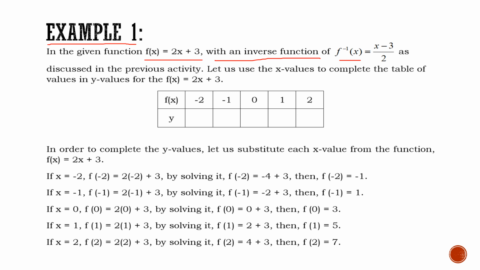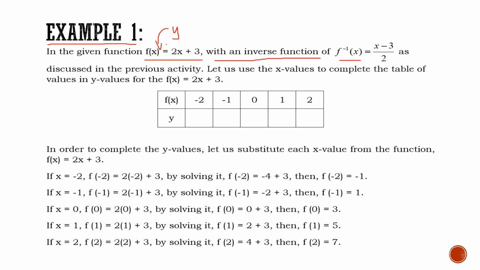Now, once we apply the 3 steps, we replace your f of x simply using y. Then we can rewrite this as y is equal to 2x plus 3. Then we interchange your x and y variables, swapping the positions of x and y.